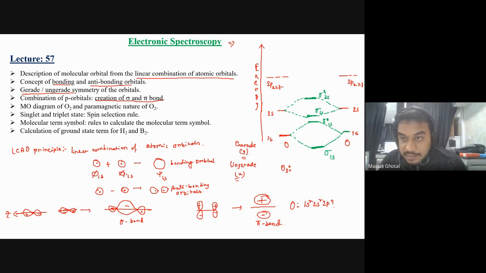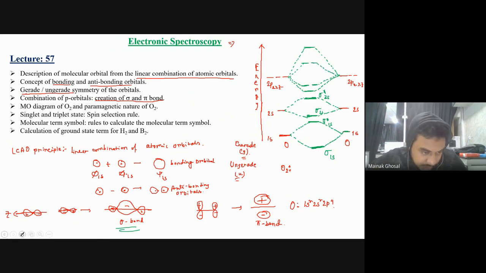Now for the 2p case, the p orbitals which lie along the molecular axis will create a sigma bond. I have shown it here like this. Okay, so one orbital will be there, another orbital will be there. Now what about the two pi orbitals? They will also overlap, but they will create a pi bond. Okay, so I should use another color to distinguish that.